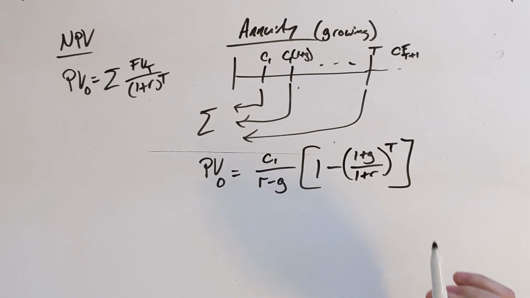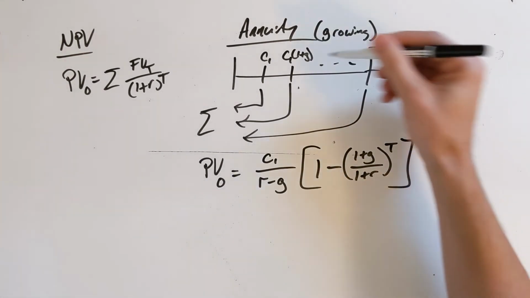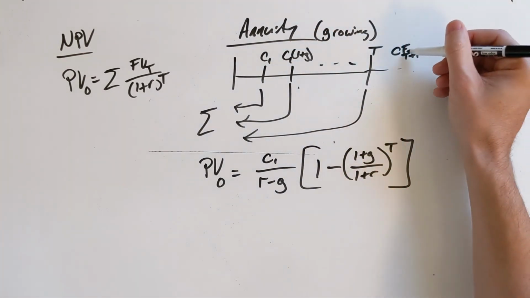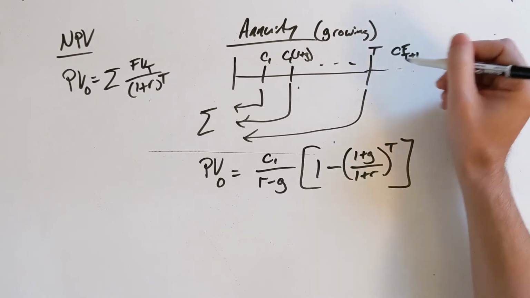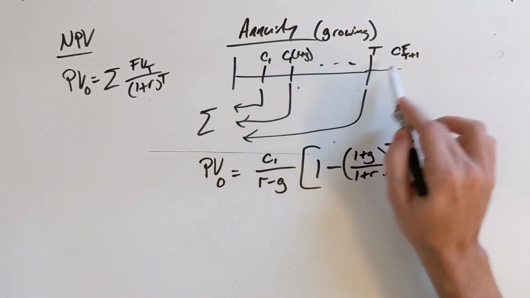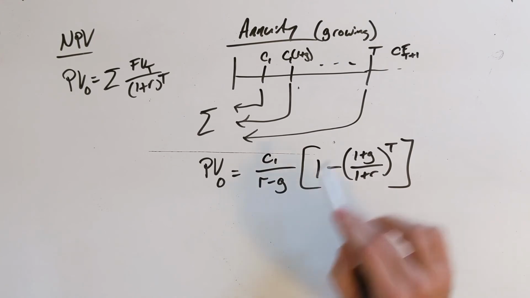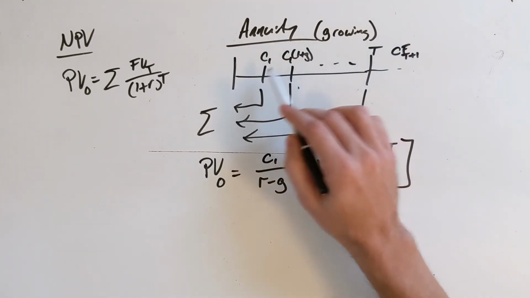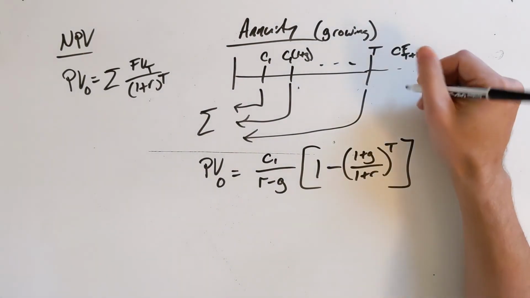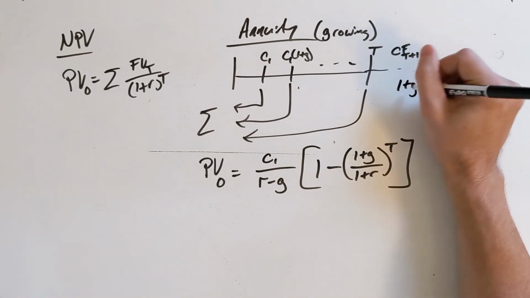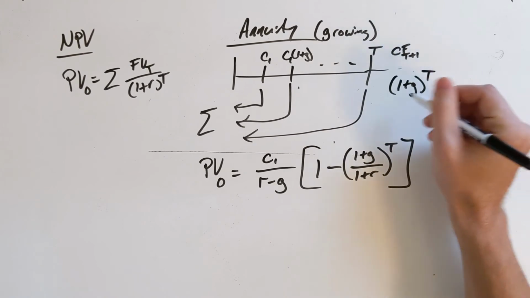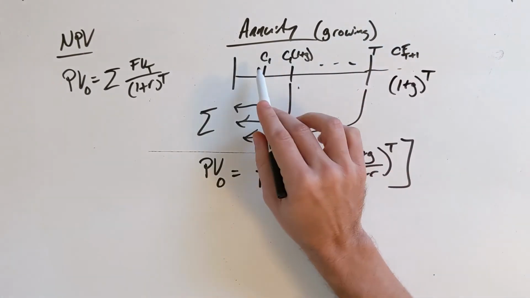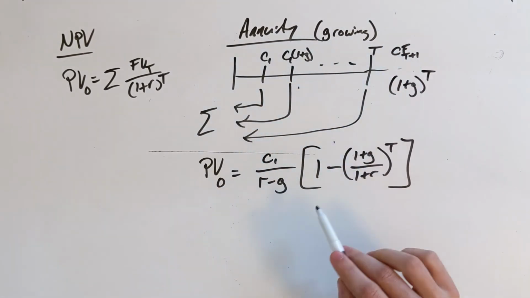Now what's going on here is, to get from cash flow 1 to cash flow T plus 1, you have to go T years into the future. Okay, because you're at 1, you're going to T plus 1. Well, the difference is T years. All right, well, if you are growing at rate G for T years, this represents the growth in the payment.